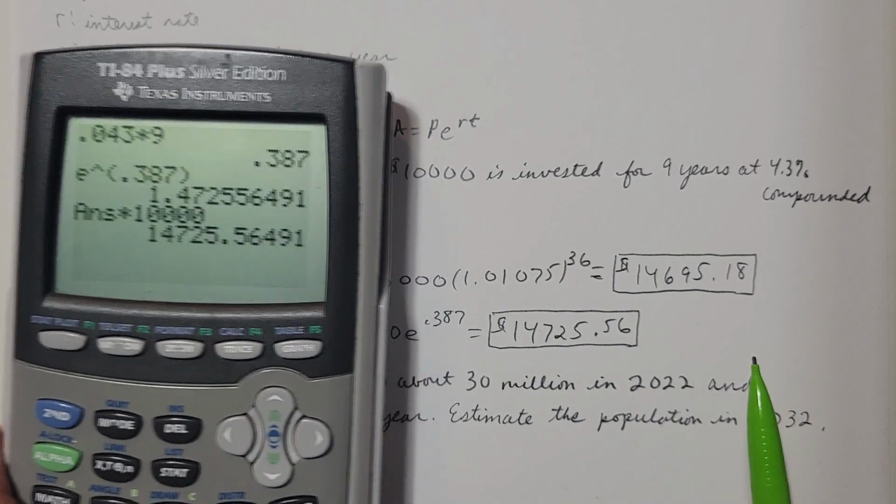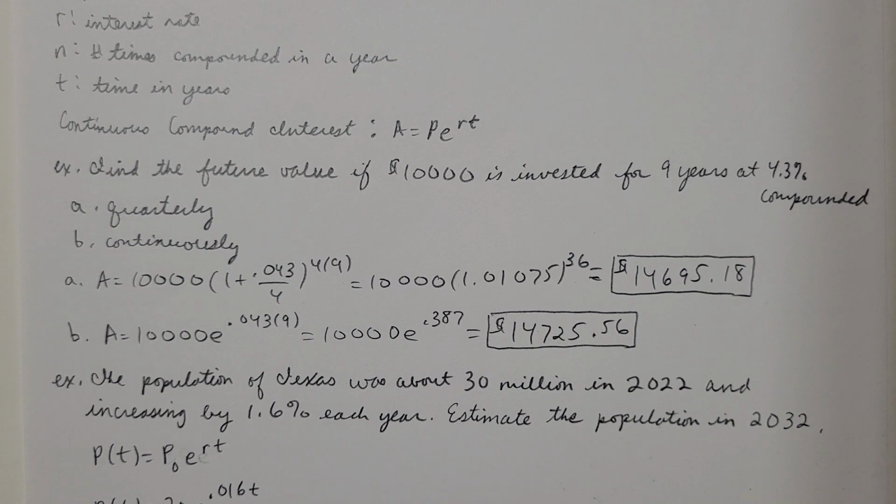Again, what it means to be compounding continuously is that you're compounding every second on the second, as opposed to 4 times in the year or 12 times in the year or whatever. So when you compound continuously, that is always going to be the formula that will give you the biggest output.